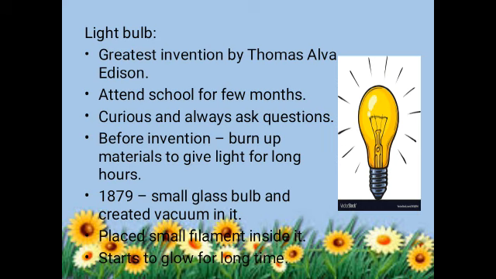So these are some famous inventions, that is, creating a new device or process, right? So what are the inventions we have seen? We have seen the lightning rod, then the telescope, then the electric battery, the light bulb, right? So these are the famous inventions made by scientists.